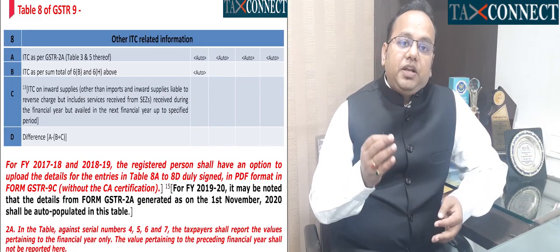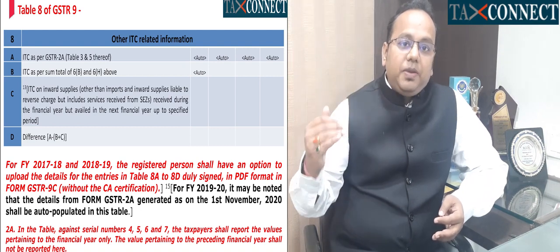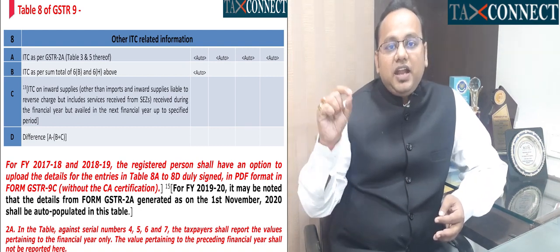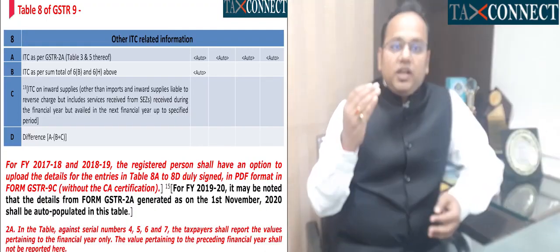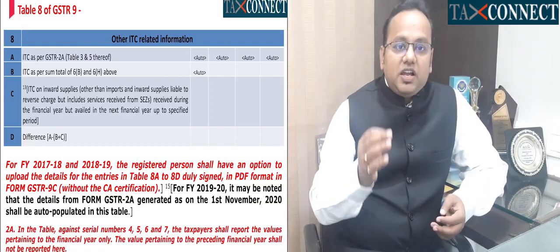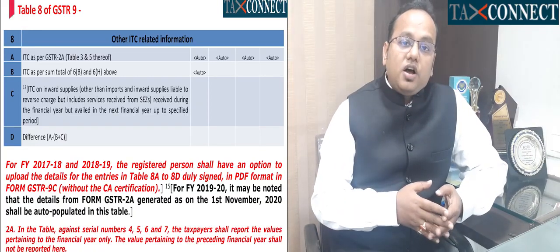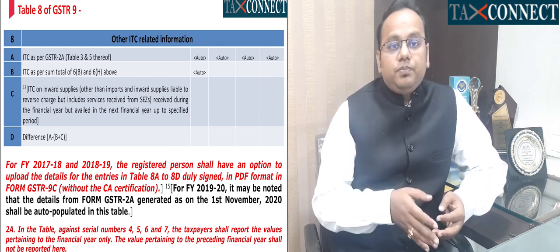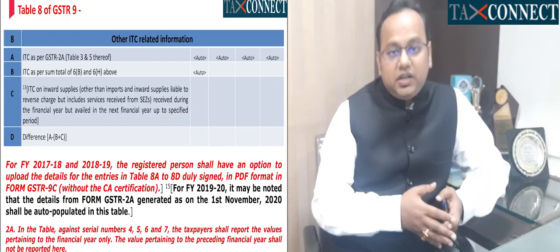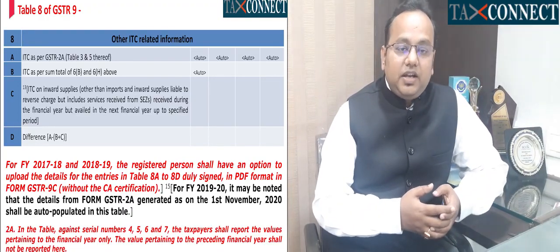The most important change is table number 8 of GSTR 9, which requires a reconciliation between 8A, 8B, 8C and the net impact of which is disclosed in 8D. So in 8A, the figures of GSTR 2A for 2019-20, which would be frozen on 1st of November 2020, would be auto-populated.